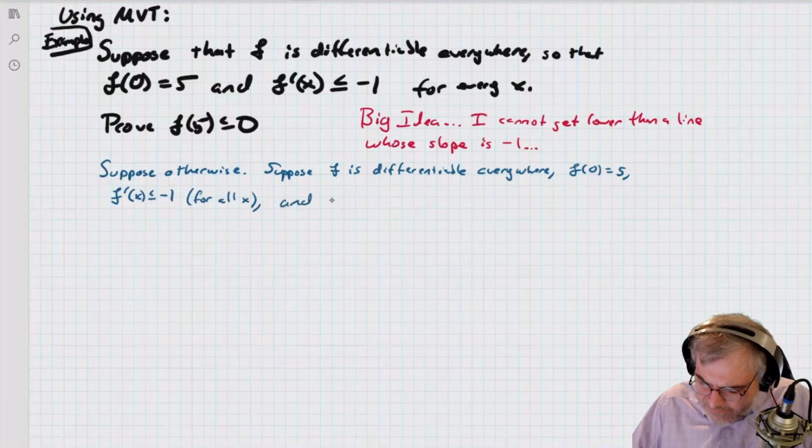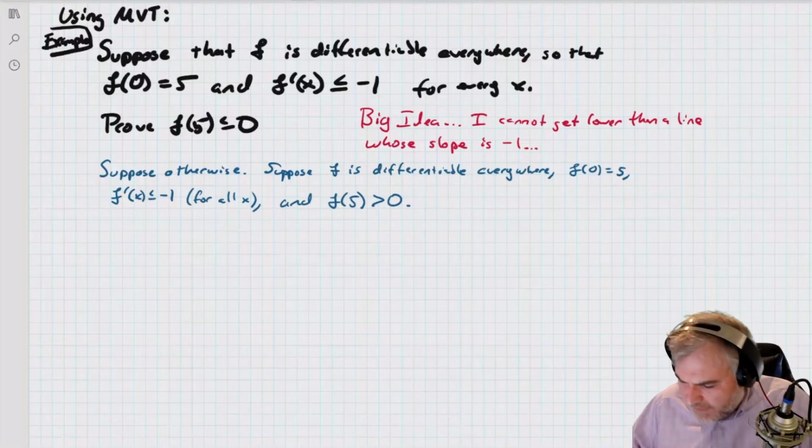And f of 5 is greater than 0. All right. So what's true about this now?